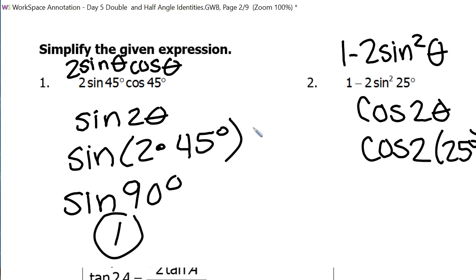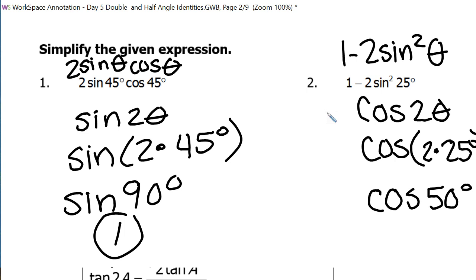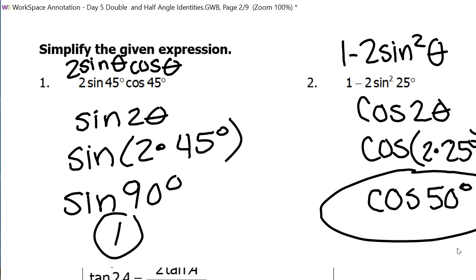And 2 times 25 would be 50 degrees. So cosine of 50 degrees. Now 50 degrees, is that a unit circle value? No. So that is as far as we can go for number 2. But if it were a unit circle value, we would keep going.